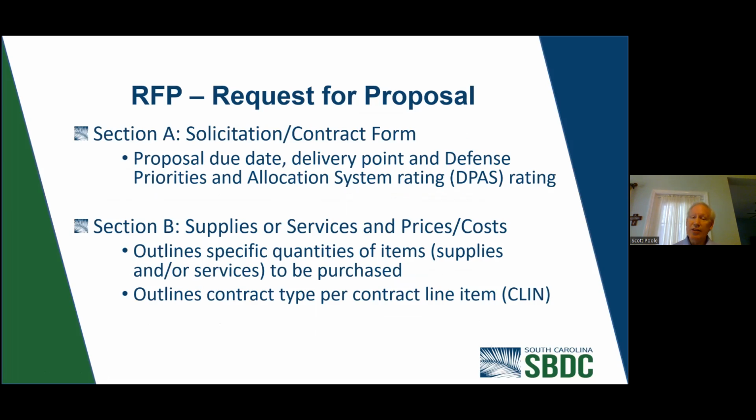That outlines the specific quantities of these items: what are the supplies or services to be purchased, outlined per contract type in the contract line item, the CLIN. Some have CLINs and sub-CLINs. It gets a little daunting sometimes, but not too bad.